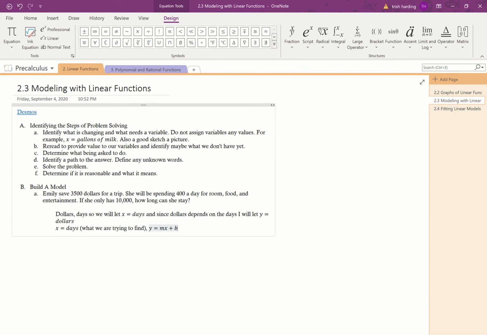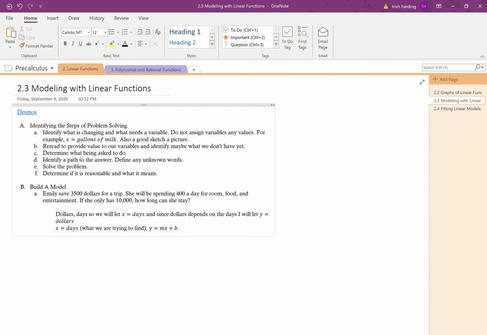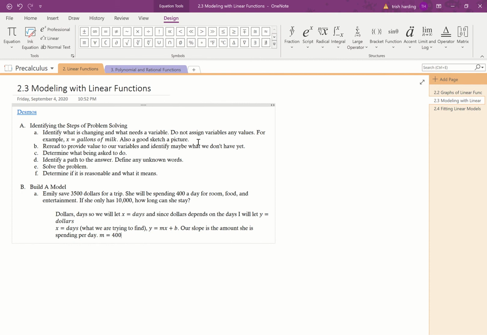The amount she is spending depends on the days. So that amount she is spending is our slope. Our slope is the amount she is spending per day. That means M equals 400.